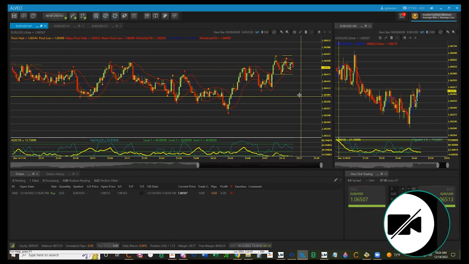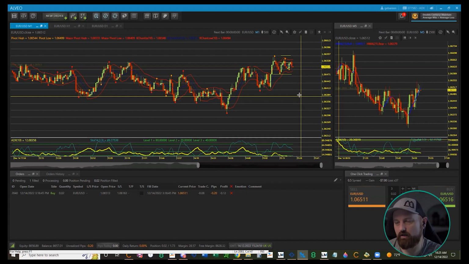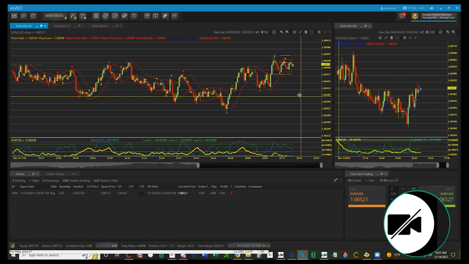Right. And so how does that have any bearing on how we trade right this second? Well, first, it seems that the momentum to the long side is slowing down.